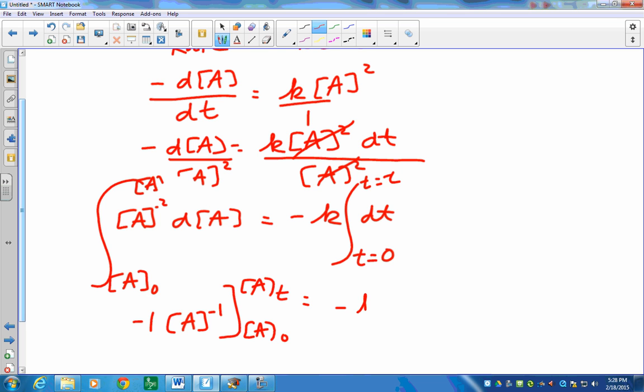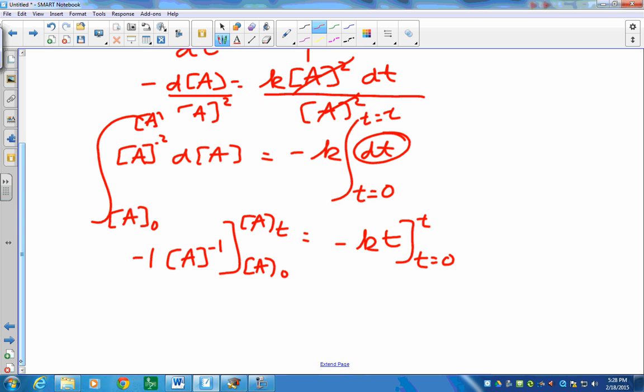And then this is negative kt, because the antiderivative of dt is t, from 0 to t. And then we get negative A sub t to the negative 1 plus A sub 0 to the negative 1 equals negative kt.